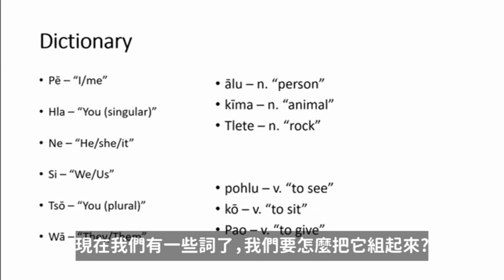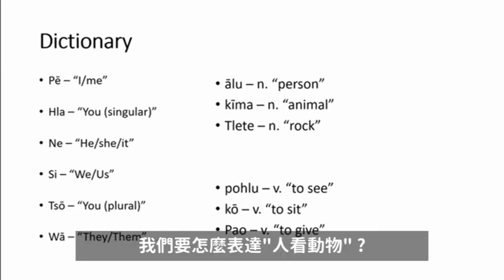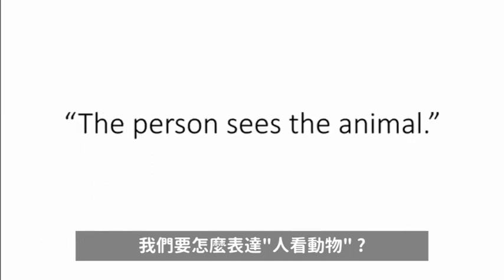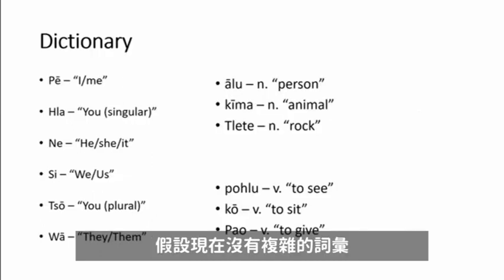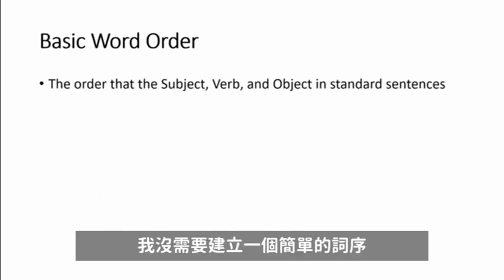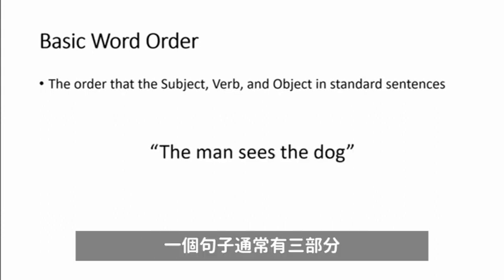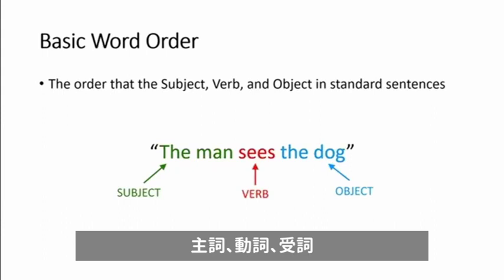Now that we have some words, how do we put them together? How can we take these words and form the sentence, "The person sees the animal"? Well, assuming there are no articles or complex morphology at this point, we need to establish a default word order. Any sentence will consist of three primary roles: the subject, the verb, and the object.